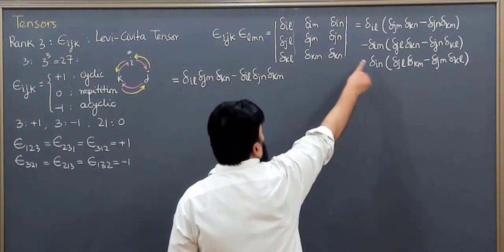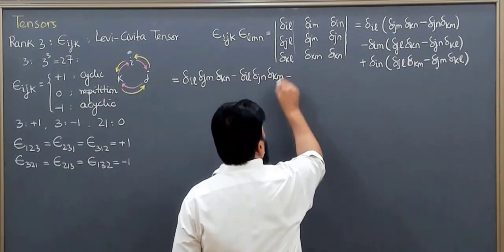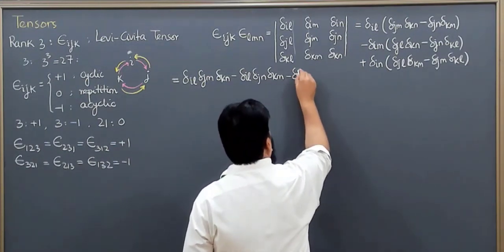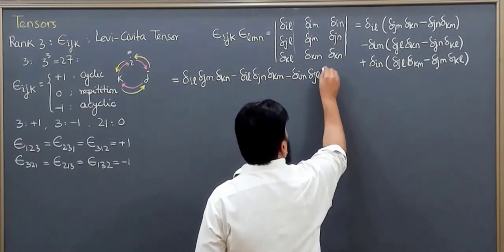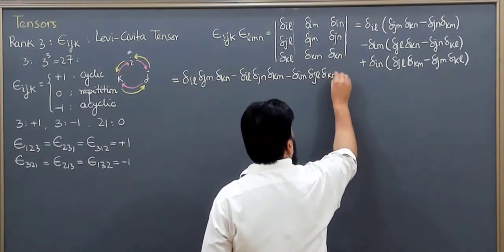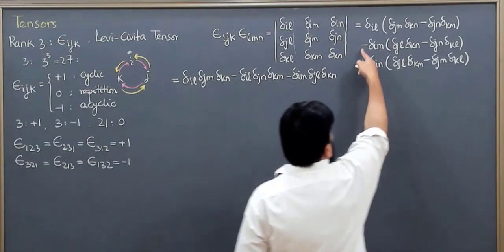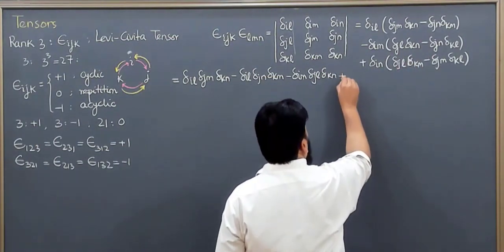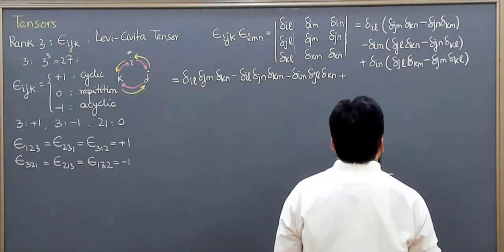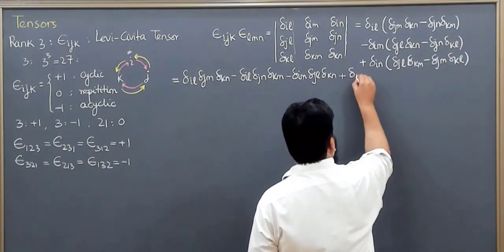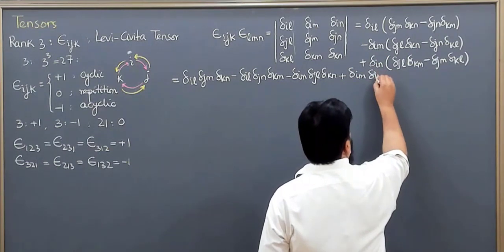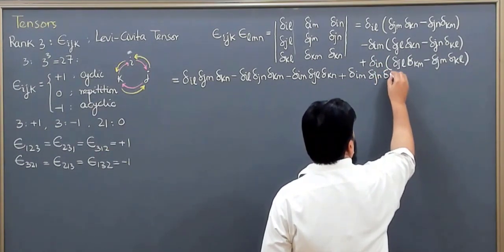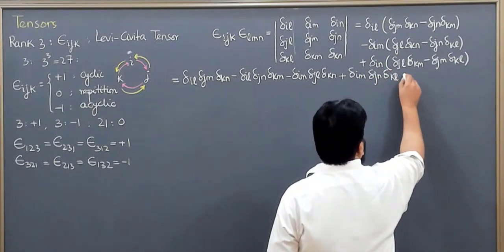Similarly, minus delta im delta jl delta kn, and minus minus plus, delta im delta jn delta kl.